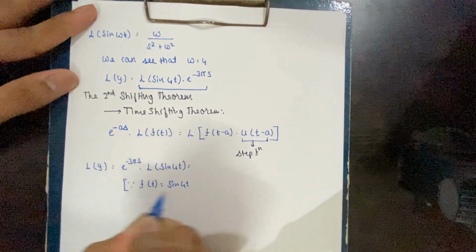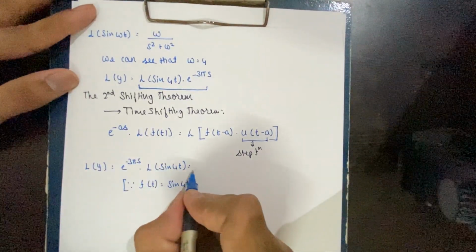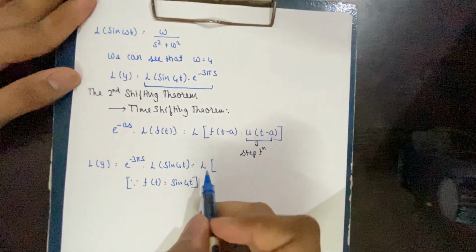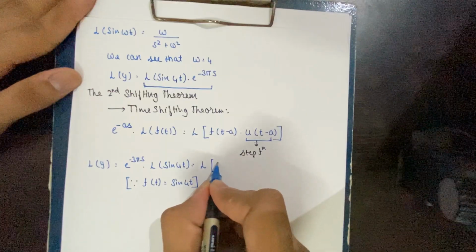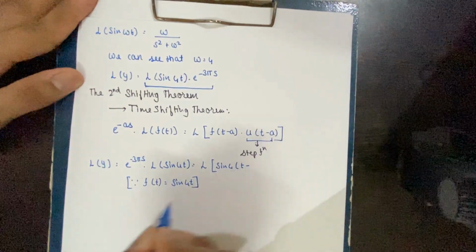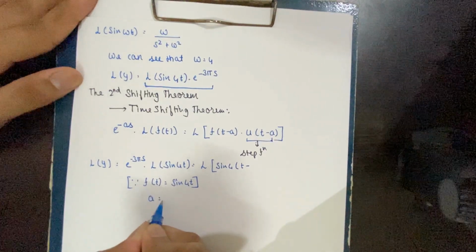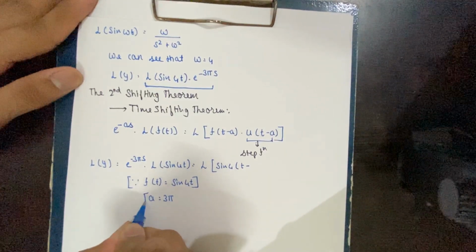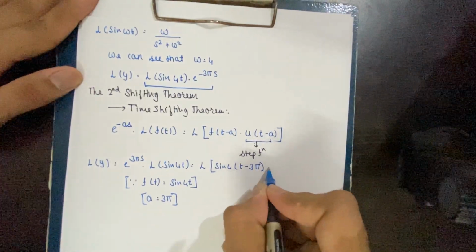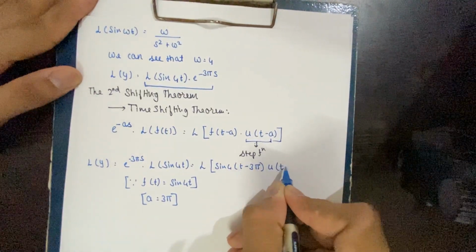By comparison, we can simply say Laplace of sine 4 times t minus 3 pi, u t minus 3 pi.